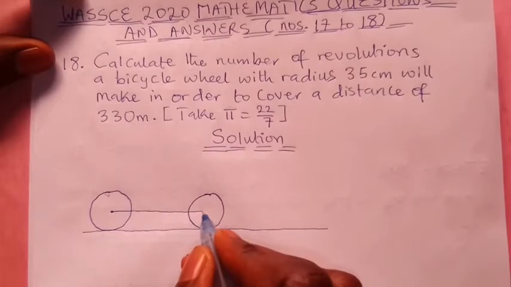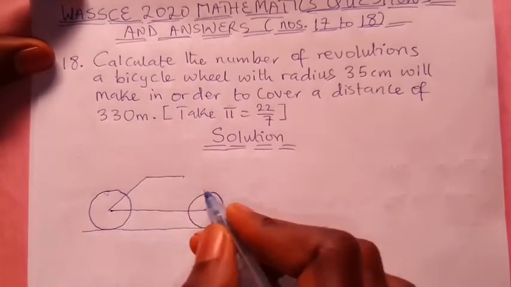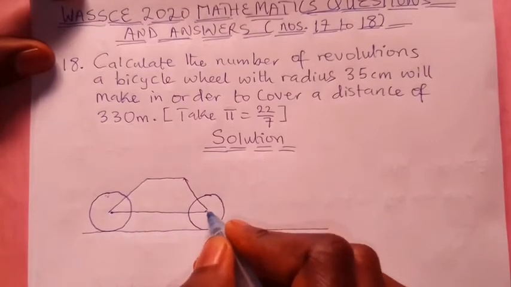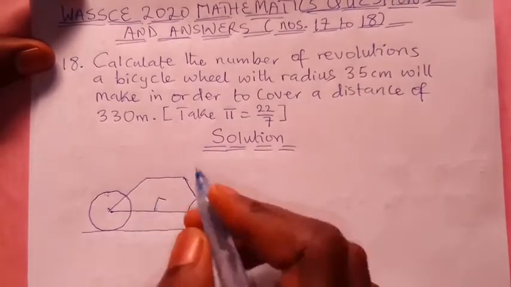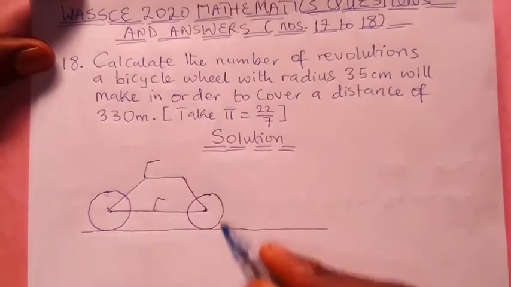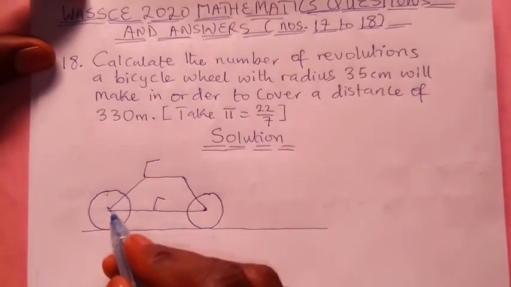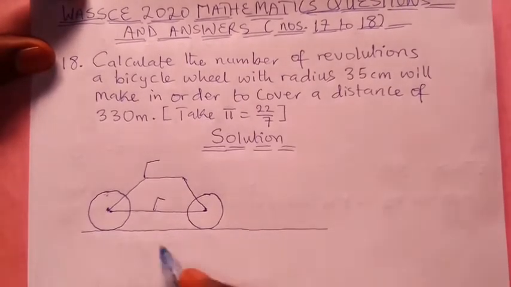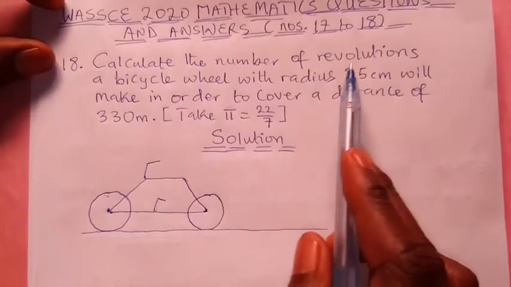And we can do this and possibly bring this up here this way, and we do this, all right? Then the pedals could be somewhere here, something like this. Then this could be the handle, all right? Okay. Funny bicycle, isn't it? Now, let's get serious. Yes, it's calculate the number of revolutions.